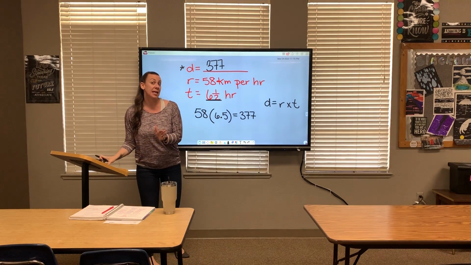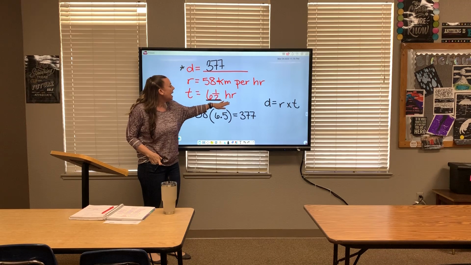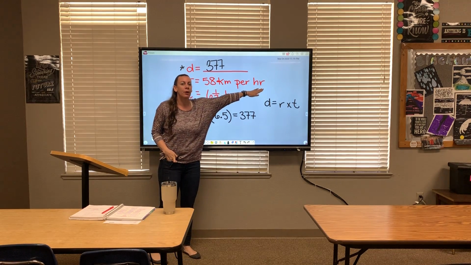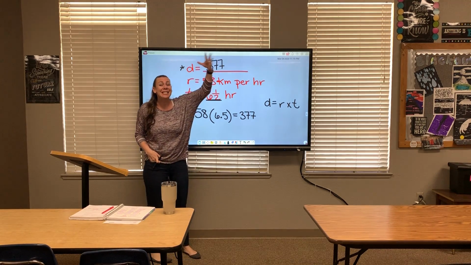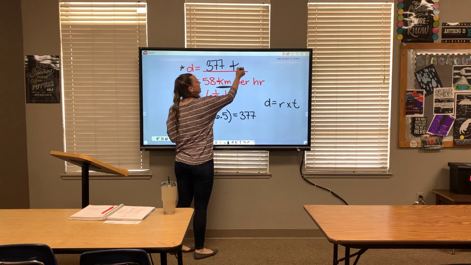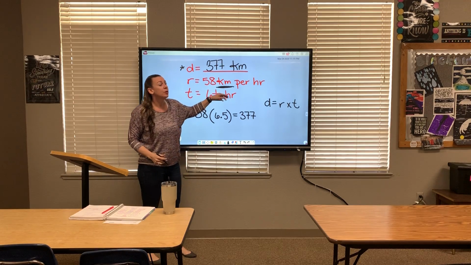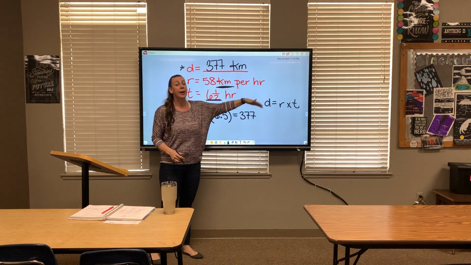I'm not done yet because I don't have a label. So I'm going to go ahead and see what makes the most sense. This is hours, this is kilometers per hour. So if I'm looking at what is my distance, that's where I'm going to use this kilometers. So it's 377 kilometers. Now everything should be used. I have kilometers, I have hours, I have kilometers per hour, okay?